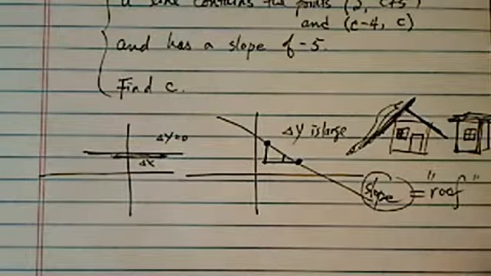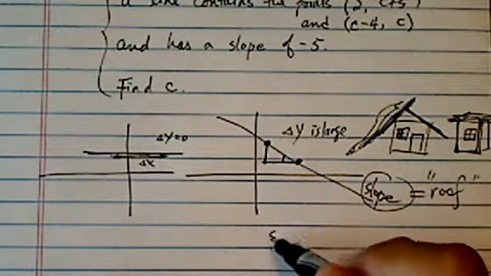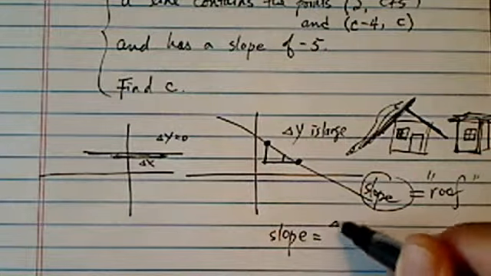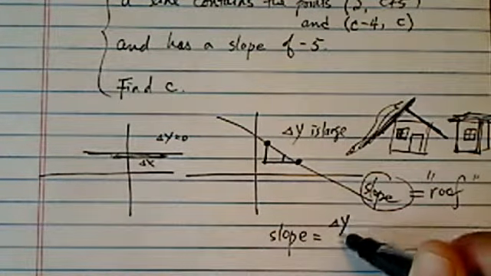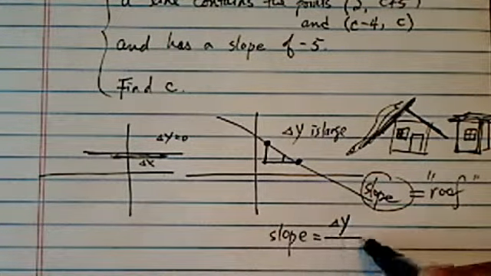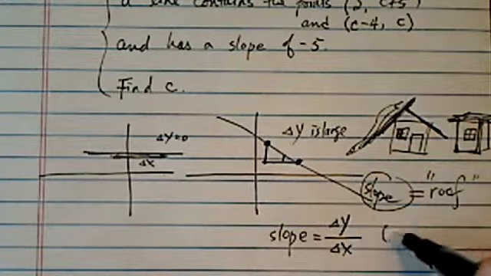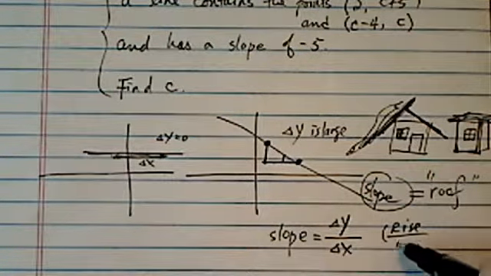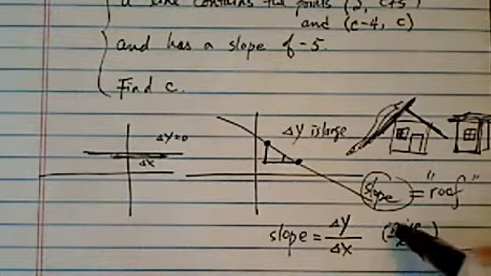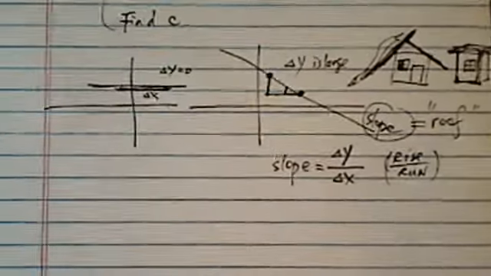If you have those pictures in mind, then slope makes sense. It's delta y on top, otherwise you're going to divide by 0 in this case, right? Delta y over delta x, or what they say is rise over run. That's the second point I want to make.